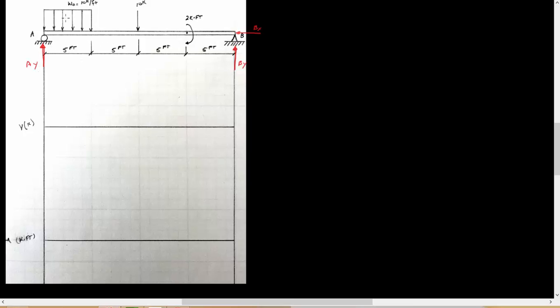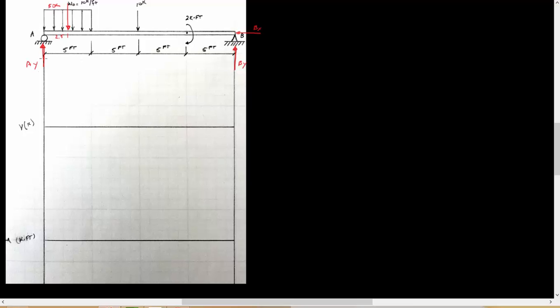I would also note that you have an equivalent point load of 10 kip per foot times 5 feet, which is going to be 50 kips, acting 2.5 feet away from point A.